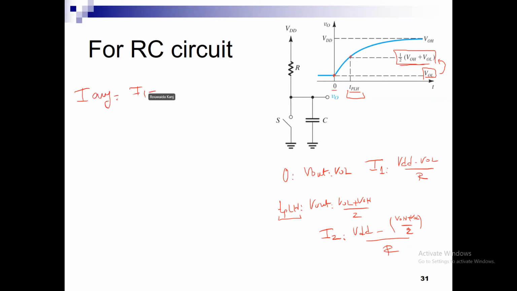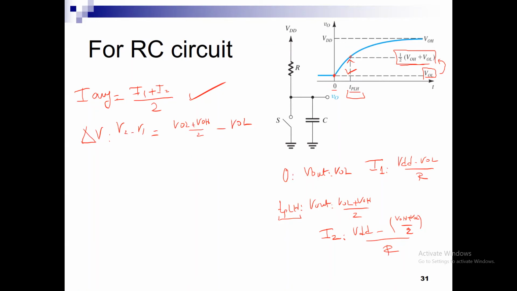The second quantity that I'm interested in is the delta V, which is the voltage change over this interval. So the delta V is really V2 minus V1, which is VOL plus VOH over 2 minus VOL.